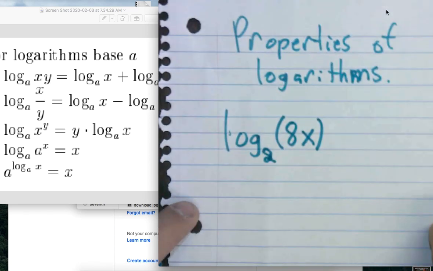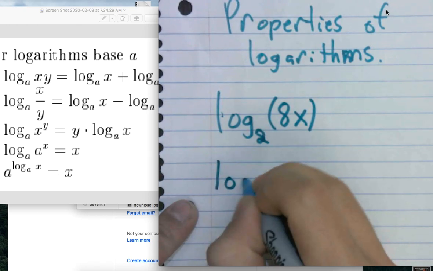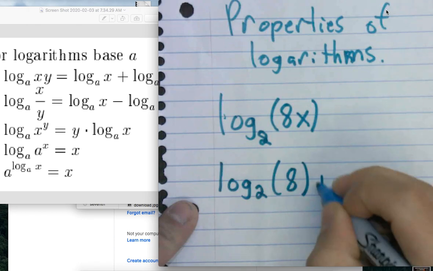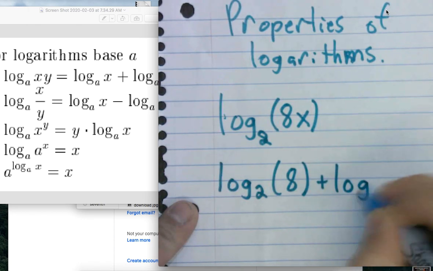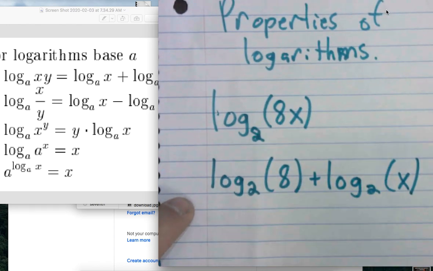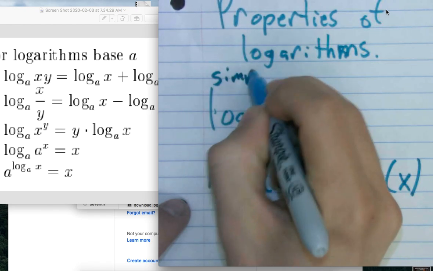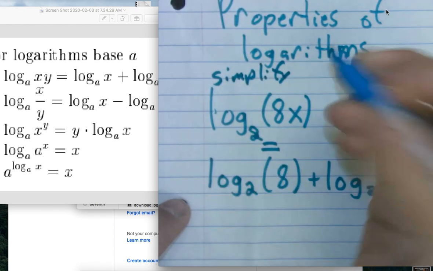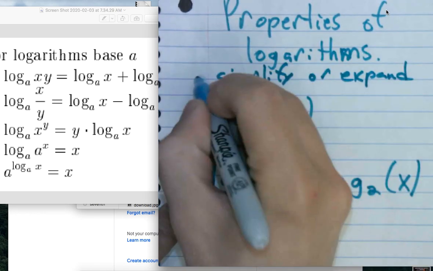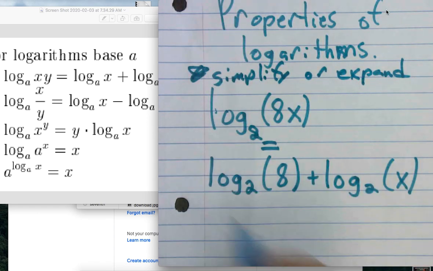Based off of the property of logarithms, we're allowed to separate these two with the same base with the input of 8, but then adding on log base 2 with the input of x. And this is a safe move. So in problems like this, they might ask you to simplify further or expand. Let's be open to those directions. Could we take anything further here? What do you think?